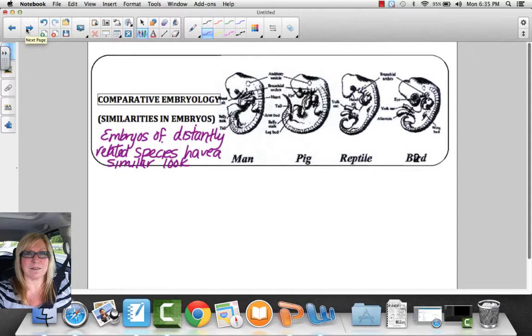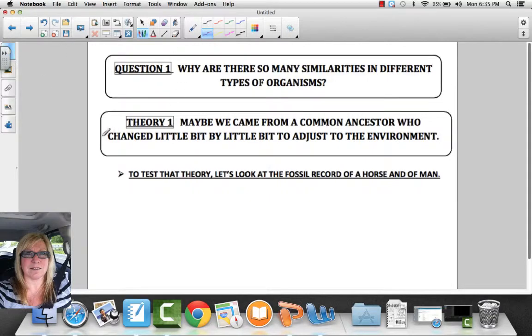So you see all these different types of similarities that we just talked about. So that begs the question, why are there so many similarities in different types of organisms? Well, one theory is maybe we came from a common ancestor who changed little by little to adjust to the environment.